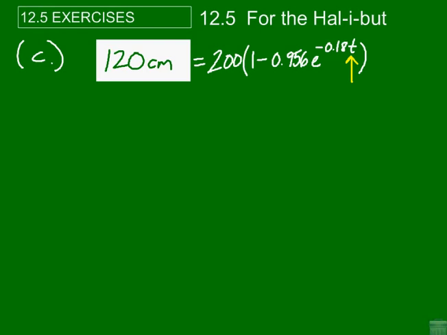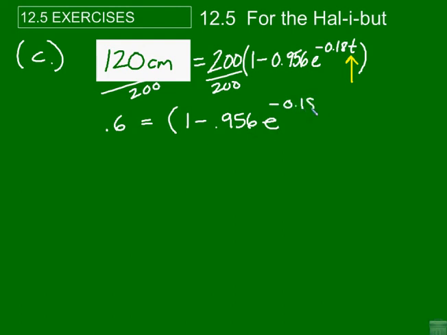So the first thing that we're going to do is divide both sides by 200, and 120 divided by 200 is 0.6, and 0.6 is then going to be equal to 1 minus 0.956 e to the negative 0.18 t.